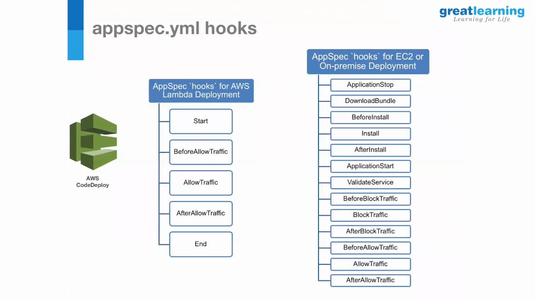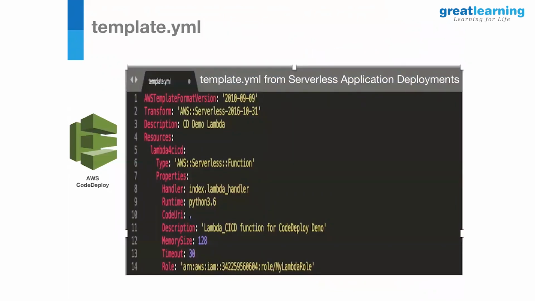So this event is reserved for the AWS CodeDeploy agent and cannot be used to run scripts. Okay, and after block traffic is, you can run tasks on instances after they are deregistered from the load balancer. And the allowed traffic is similar to the above one. So these are the hook scripts with appspec.yaml.